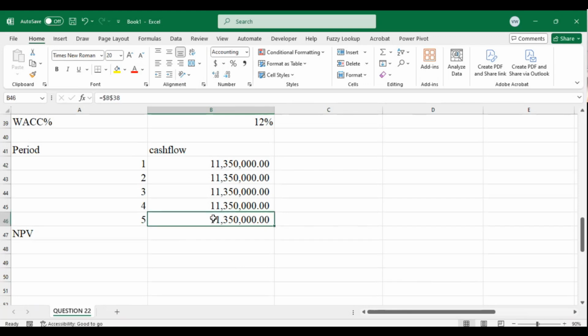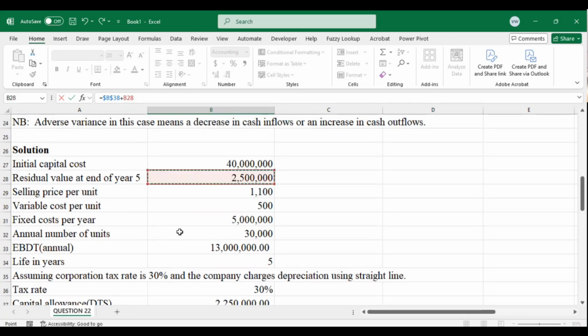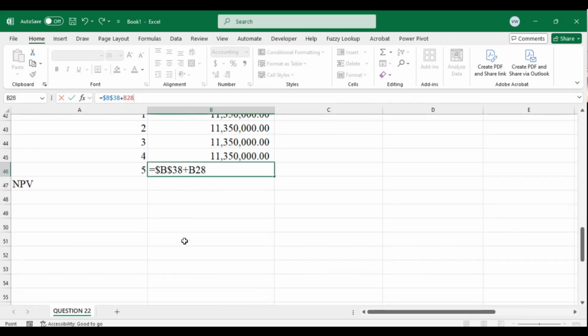So at the end of the last period's cash flow, we can actually add that residual value. If I want to add this residual value, I'll go to my computation and say plus the residual value, which is a reference where we have 2.5.